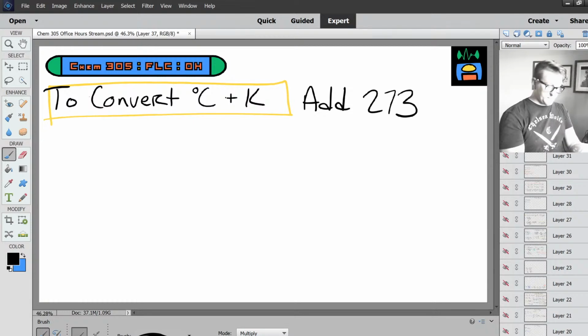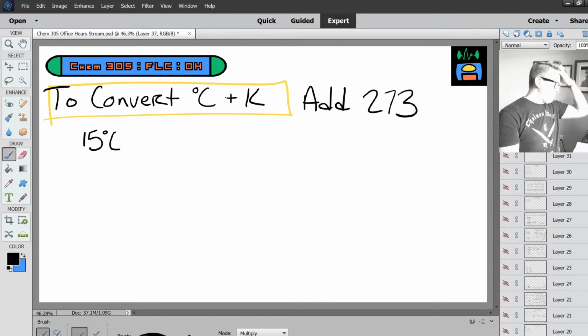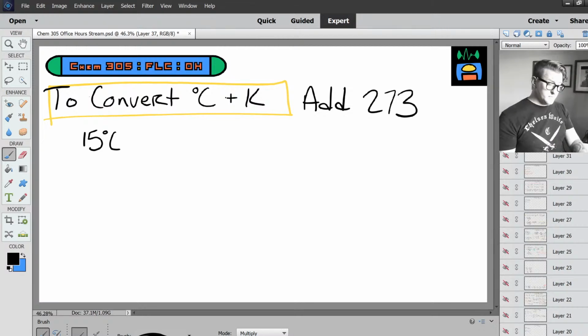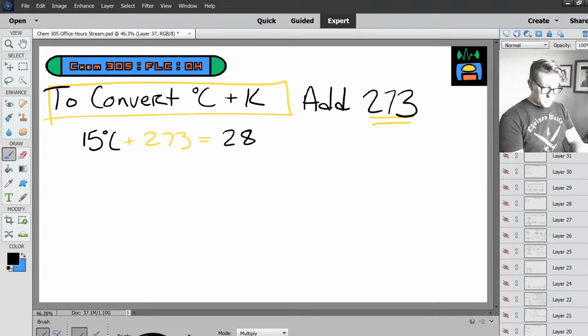So for example, no, don't be sorry at all. These are excellent questions. If you wanted to convert 15 degrees Celsius to Kelvin, you just have to add 273. Now the value that you're going to get is 288. Now we're in Kelvin, but we still have to deal with sig figs.